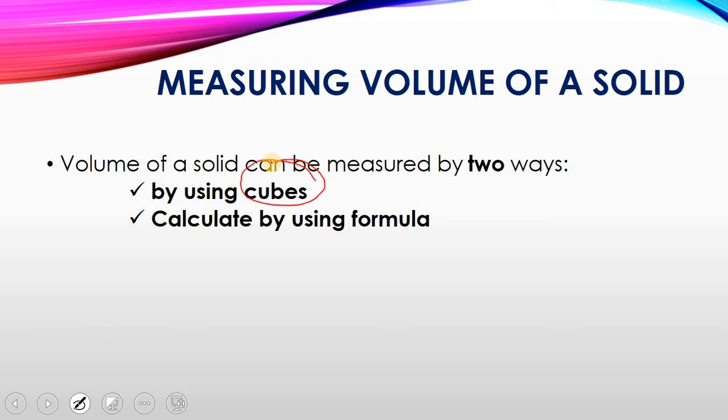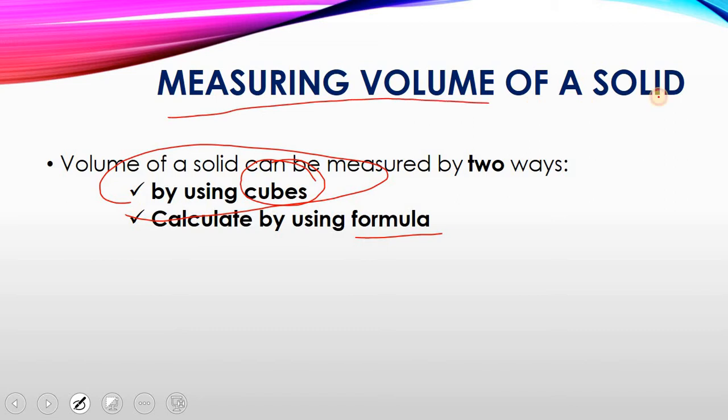So these cubes should be of the same length or the same size. And for the formula, we have three angles that you need to measure to get the volume of a solid. First, we're going to look at how to measure the volume of a solid using cubes of the same sizes.